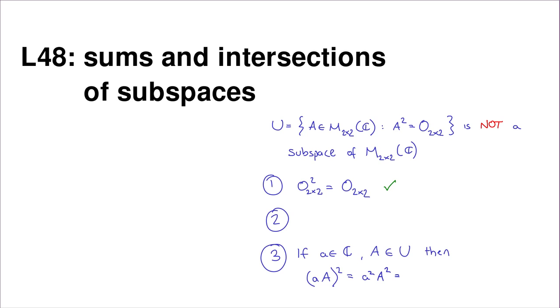Now A was a matrix in U, so its square is the zero matrix. So that's a squared times the zero matrix, which is the zero matrix. Okay, that tells us that aA really is an element of U again.